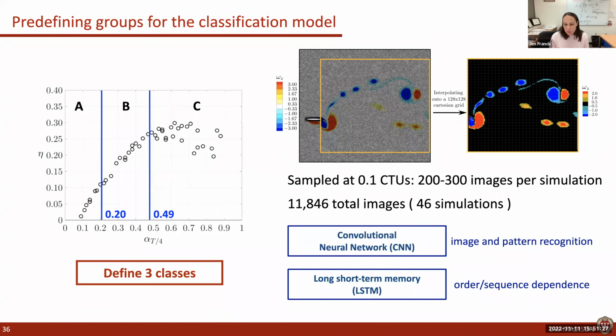So the neural network is embedded with LSTM units, so long short-term memory units. And this maintains a bit of time dependence. So it actually gets a sequence of images, a sequence of 5 images, so that it can also track the trajectory of the vortex and not just a still image.